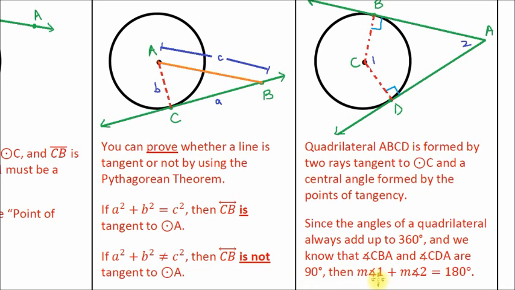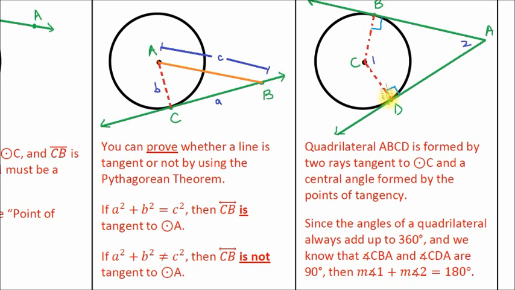That means if we take 360 degrees and subtract these two angles, 90 and 90, that leaves us with 180 degrees. And that tells you that angle BAD, this angle 2, and this angle 1 have to add up to 180 degrees. If this is 90 and this is 90, those add up to 180.